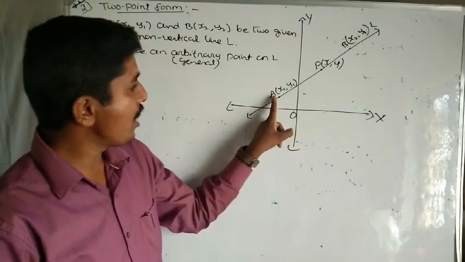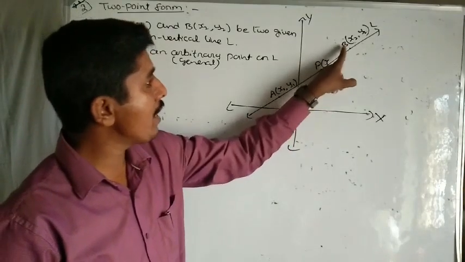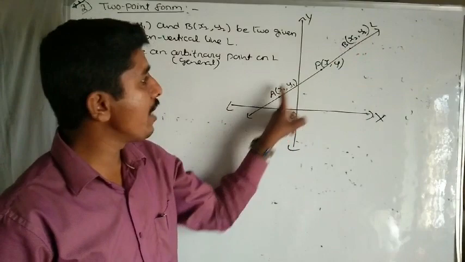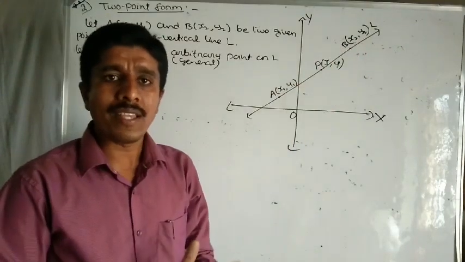So clearly here the 3 points A, P, B are collinear because these 3 points lie on the same line.